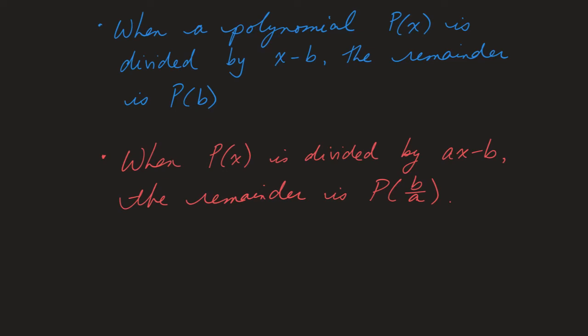However, I want us to walk through what we found as an extension and what we can see in red. Red's going to state when p of x is divided by ax minus b, the remainder is p of b over a. So this is going to be a little bit of an extension from what we did in our practice.